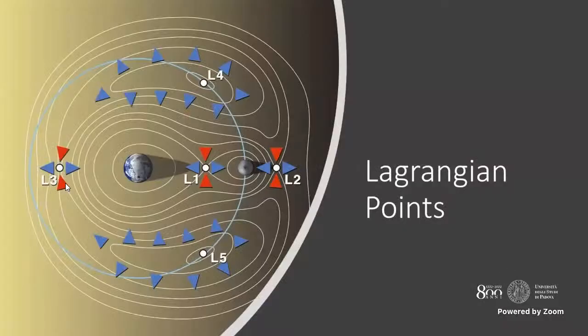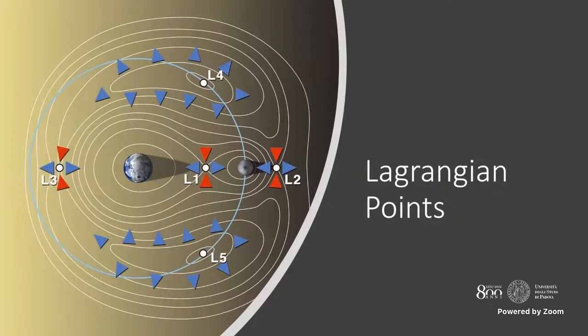As you can see here, we have two celestial objects, the Earth and Moon, and the white lines here are the distribution of the gravitational forces of the Earth-Moon system, and the points L1, L2, L3, L4 and L5, like you can see here, are called the Lagrangian points.